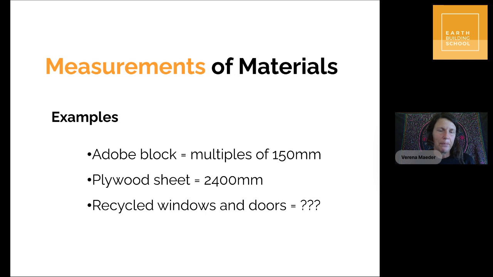So, mentioning a couple of ones that I find are common in small designs. For example, if you have decided to go for a solid earth wall, which quite a few of you have done, you have told us in the comments that you want to go for solid construction, and you can also let me know in the chat now.